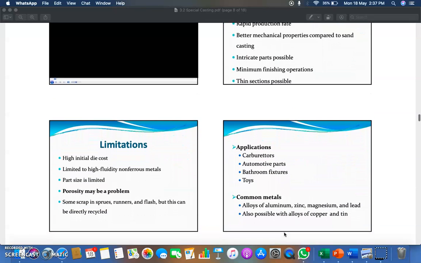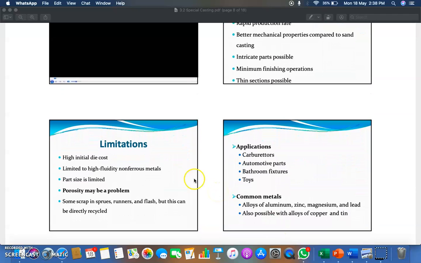Now let's see what are the disadvantages of this process. High initial die cost, that means you have to produce the die separately. The design of the die should be done according to the requirement of your mold cavity or your casting cavity. So the production of the die will be costly, so that will increase your initial cost.